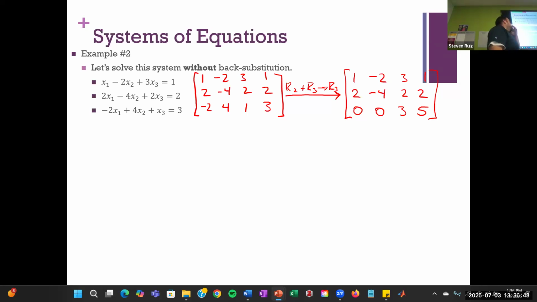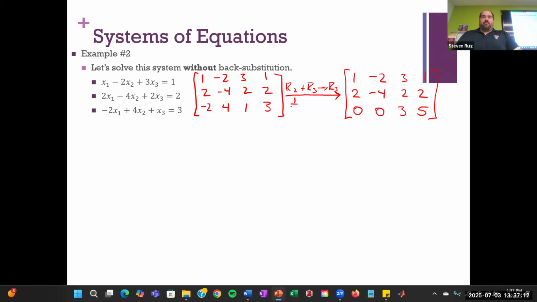Zeros below it. We got a 0 to the right of it, kind of for free. But our next goal right after that should be to get zeros below it. So because of that, what's another good move to do? Could you divide the first? I could. Let's do that.